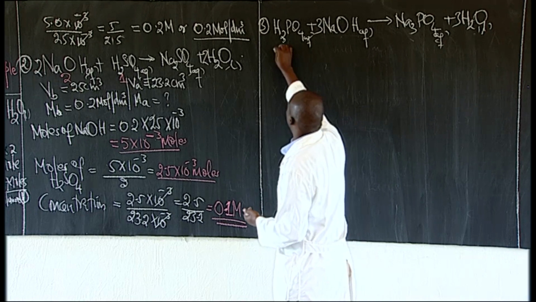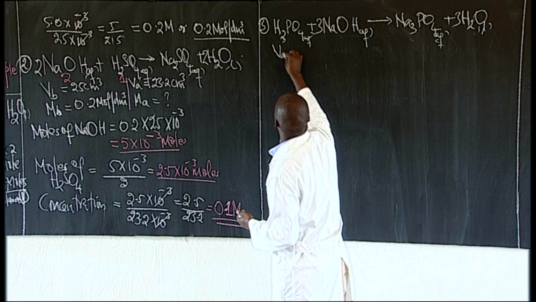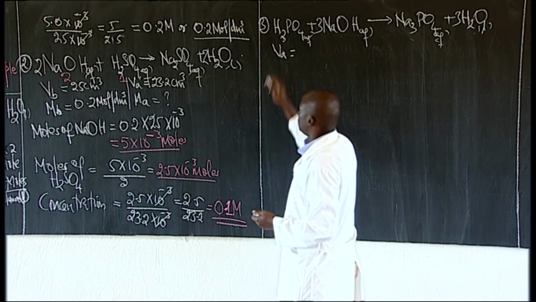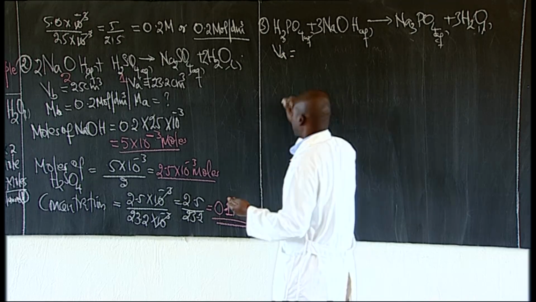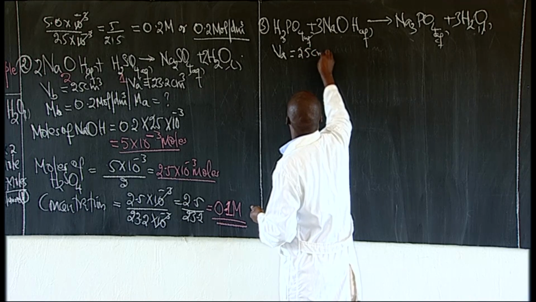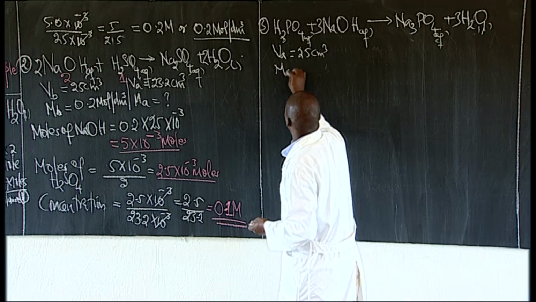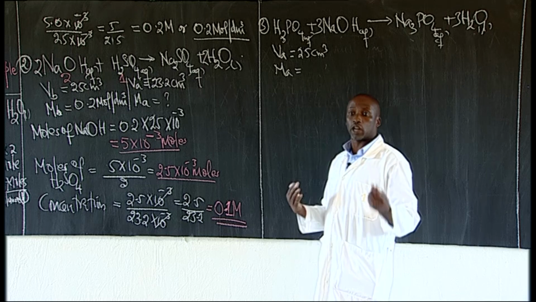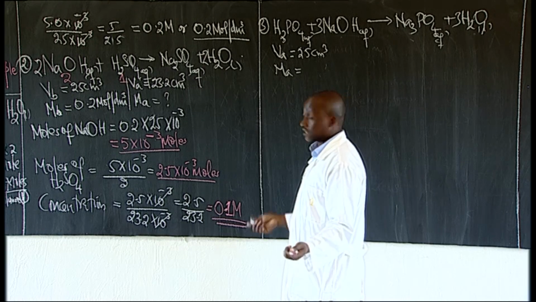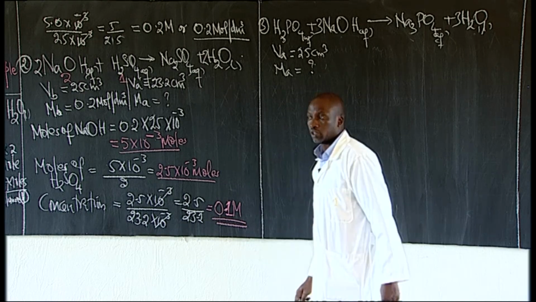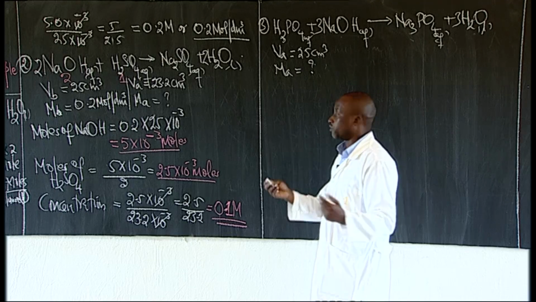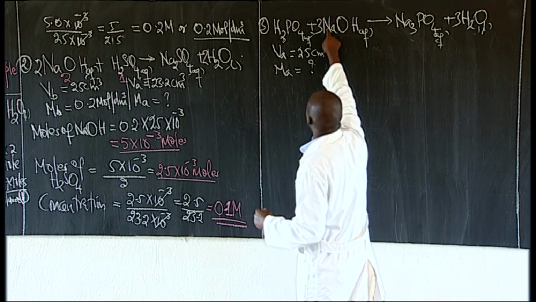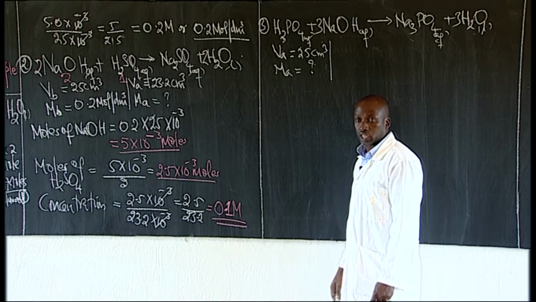So we are told the volume of this acid is equal to 25 cubic centimeters. What is the molarity of the acid? That is what is asked. So that is the question. You need to find out the volume of that acid. So what about the data for sodium hydroxide? Is it given?